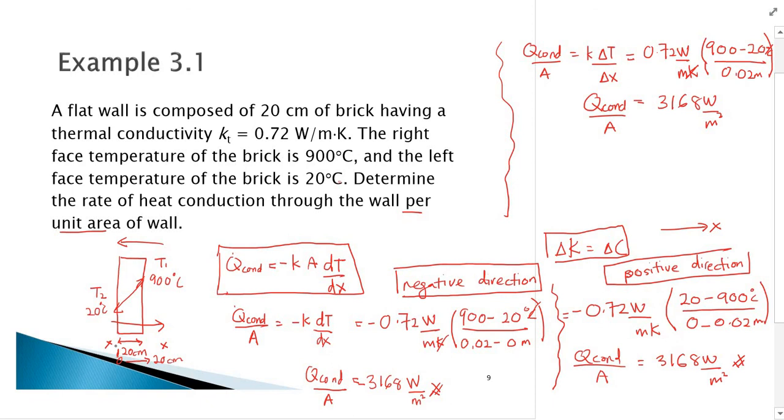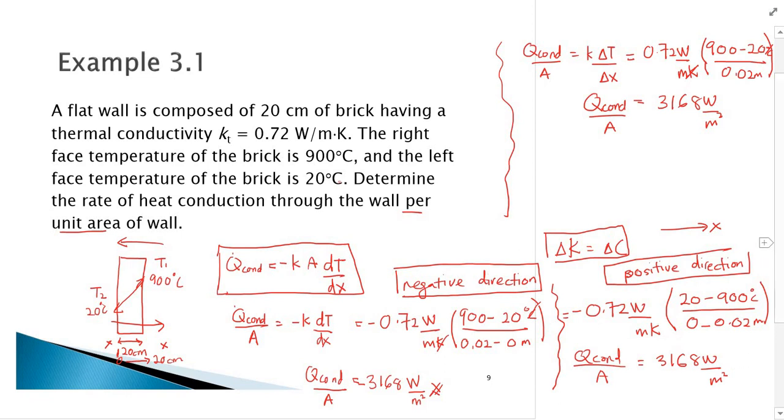Because it starts from 0 here, x1 is 0 minus 0.02 meter. I converted 20 cm to meter here. Okay, so your answer will be a positive 3168 watt per meter squared. So this is what it meant by positive in positive direction and negative in negative direction.